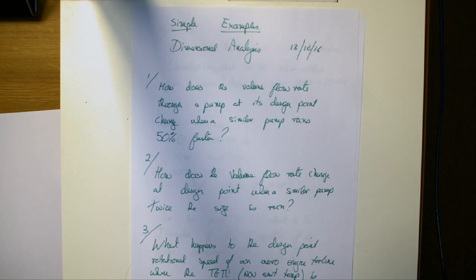I'm comparing two pumps, each at their design point, one of which runs 50% faster than the other. And there's a subtle difference between those two sets of words. So the question is, if the pump is 50% faster when you're designing it, how much more flow will that take? Now, can anyone suggest how we might go about answering that question?